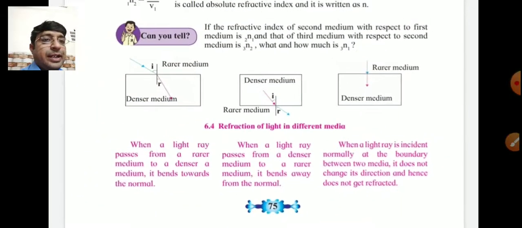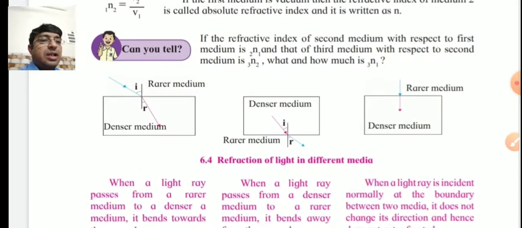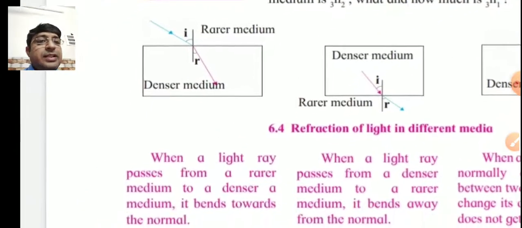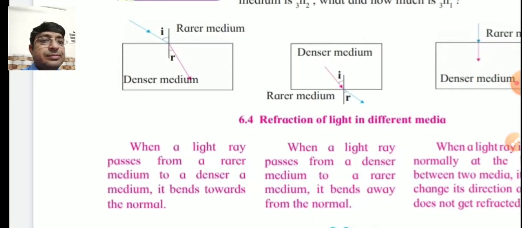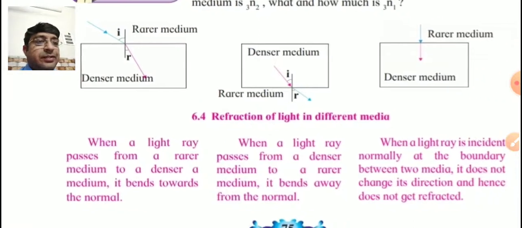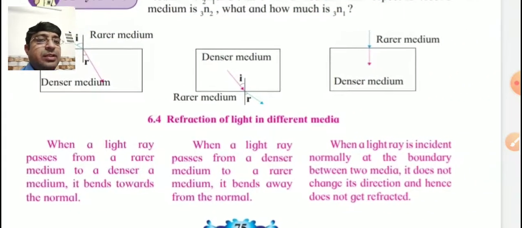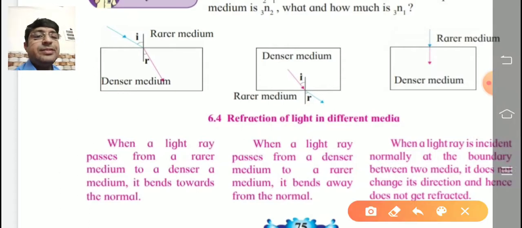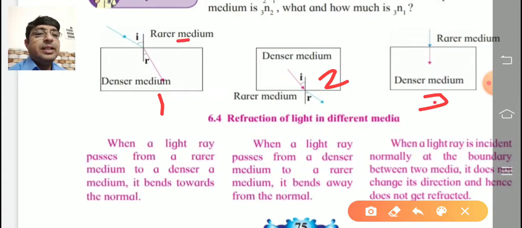Now the next point: a 3-mark question asked on the next topic. Observe the following figures and write the respective rule. Three figures and three rules are given here. Now the first rule: rarer medium and denser medium.